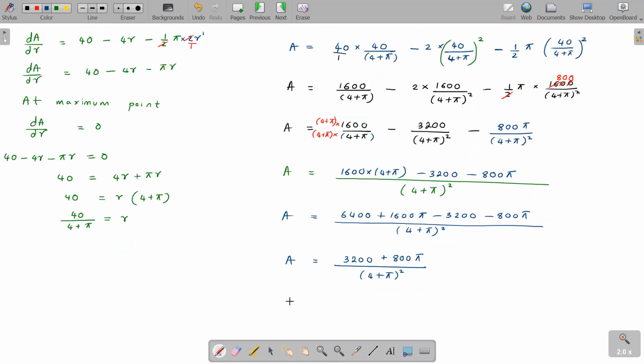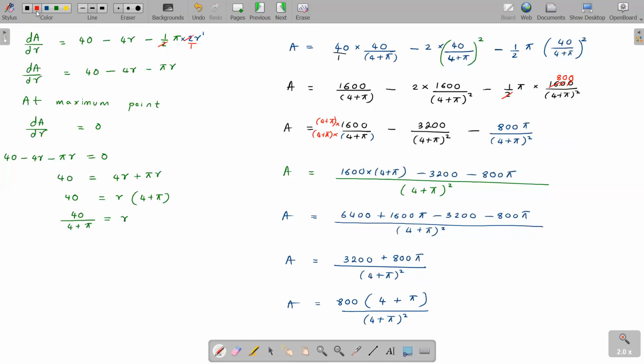Now we can take 800 out as common, right? So I get 800 times, 3200 divided by 800 is 4, plus when I take 800 out, I just get 1 pi. Do you agree with me? Over 4 plus pi square. Do you see I get 4 plus pi perfectly on top? And 4 plus pi square is 4 plus pi into another 4 plus pi.